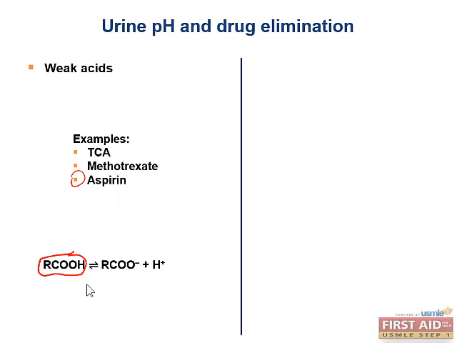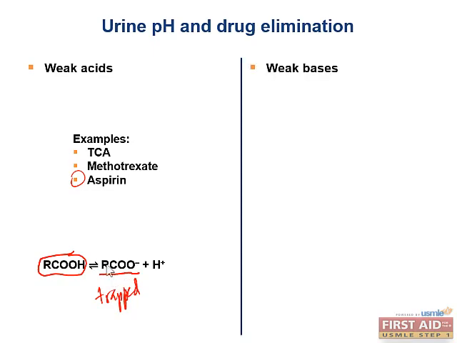It's going to be lipid soluble, while the ionized form, here's our ionized negative charge, becomes trapped within basic urine. And then we can eliminate it from there. So this is why overdoses of drugs that are weak acids become trapped within the urine and are treated with bicarbonate. And that bicarbonate is going to create more ionized form.